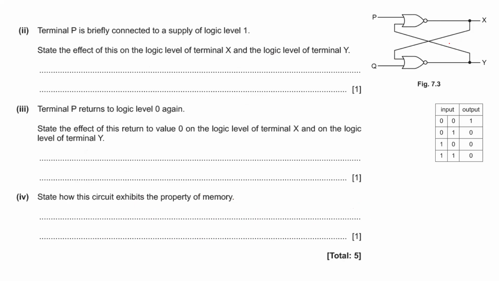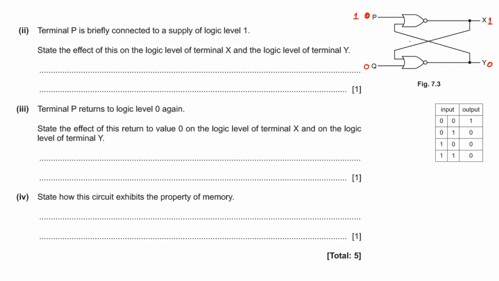Next part, it says that terminal P is briefly connected to logic level 1. Initially we have a 0 here, a 0 here, a 1 here, and a 0 here. So what happens is that it is temporarily connected to logic level 1.